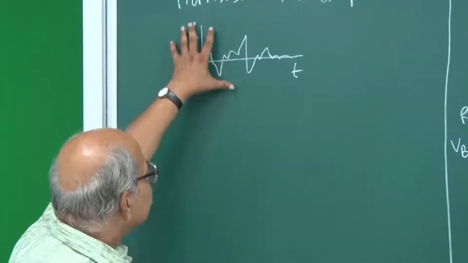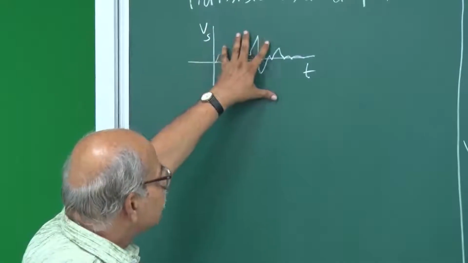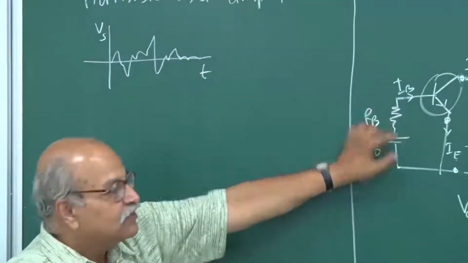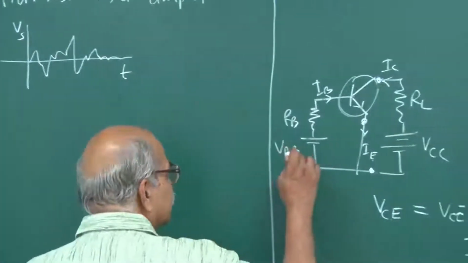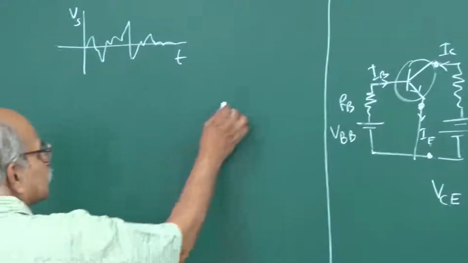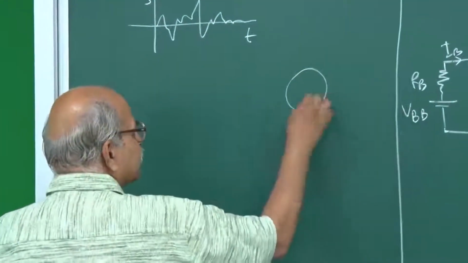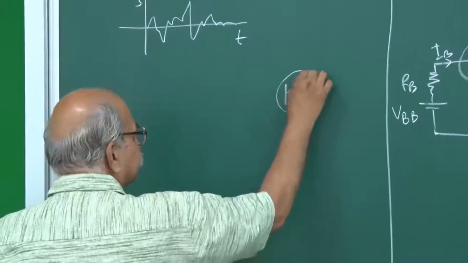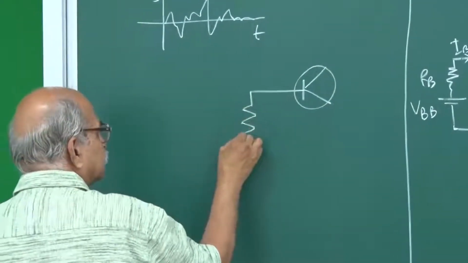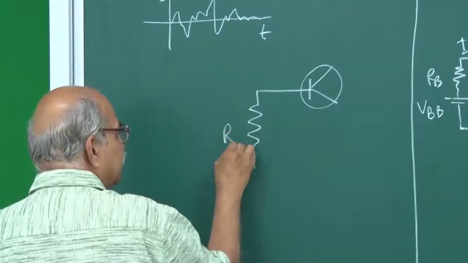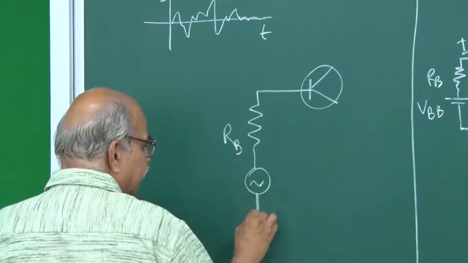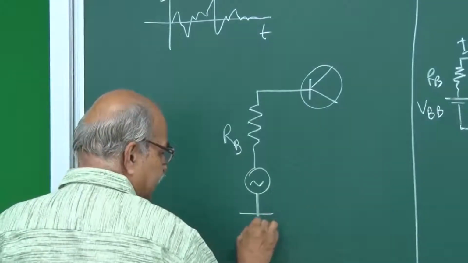So this signal, this voltage we add here in this biasing. Let me draw a fresh diagram. Same diagram I am repeating. So this is RB and then I have this signal here and then I have this biasing battery.